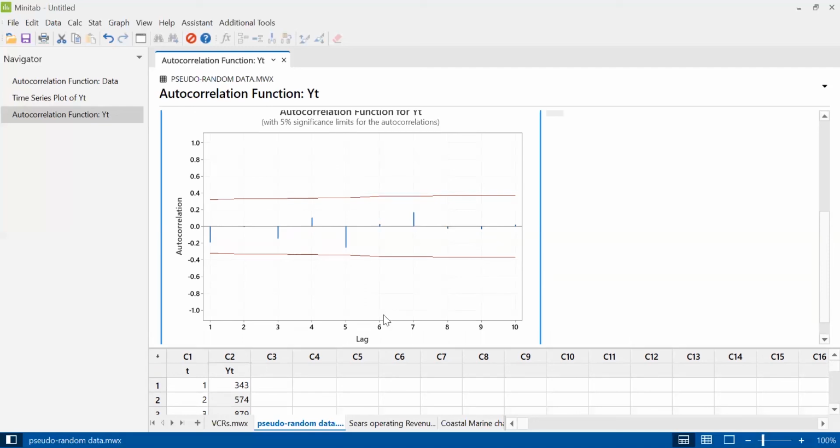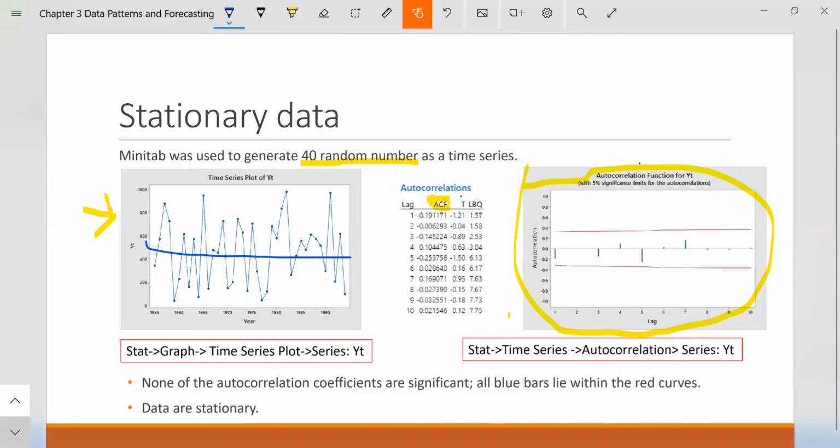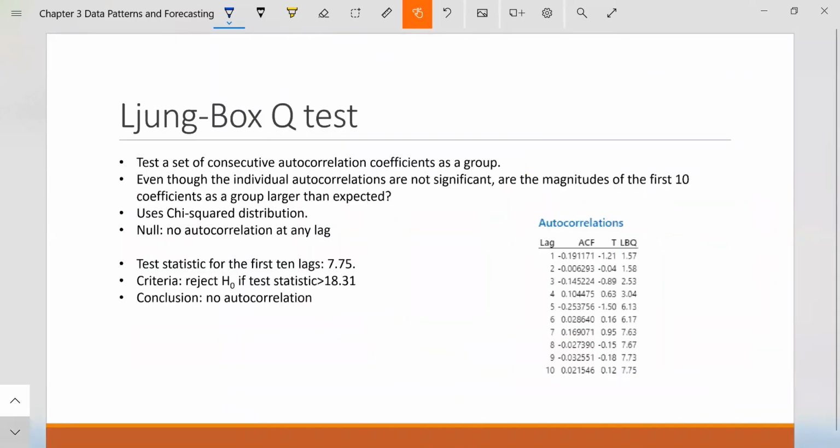So let's move back to the PowerPoint and look at another test. This is the Q-test, Ljung-Box Q-test. This test is slightly different from the t-test, but the purpose is still to determine whether the autocorrelations are significant or not.